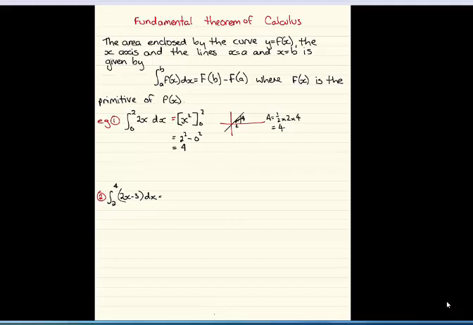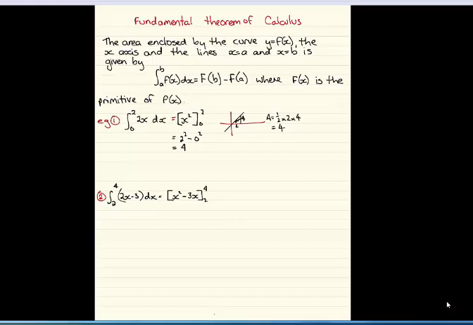So what about if we make it a bit more complicated then? Okay, we want to know, well, what is the area below this line 2x minus 3 from the point x equals 2 to x equals 4? Alright, so well, what is the primitive function of 2x minus 3? Well, primitive of 2x is x squared, minus the primitive of 3 is 3x, and we are going from 2 to 4.